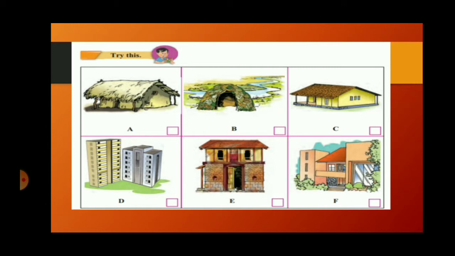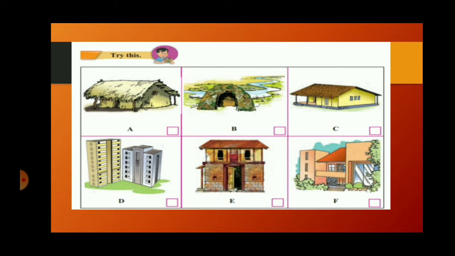So see children, you just observe and study this picture. The house A is made up of clay and mud. The house B is made up of leaves and sticks. The house C is made up of cement, bricks, rubble and roof tiles, and the house C appears to be the safest.